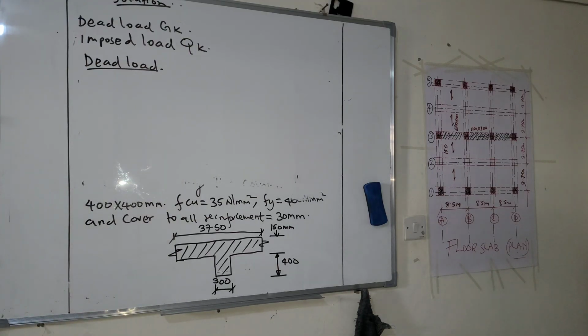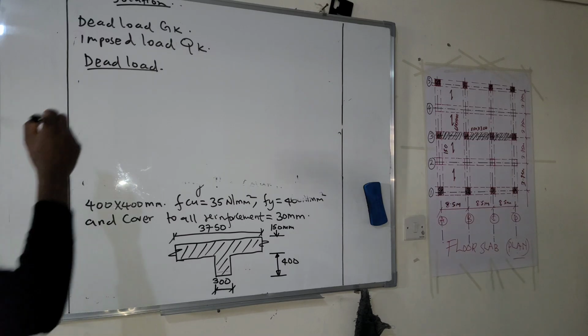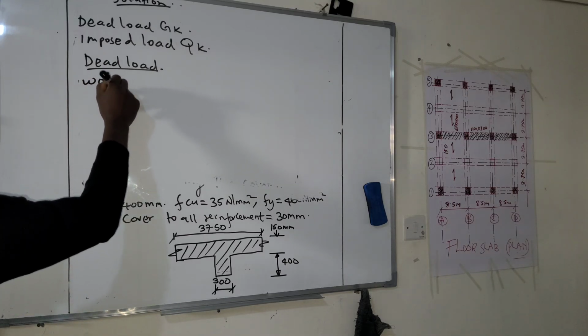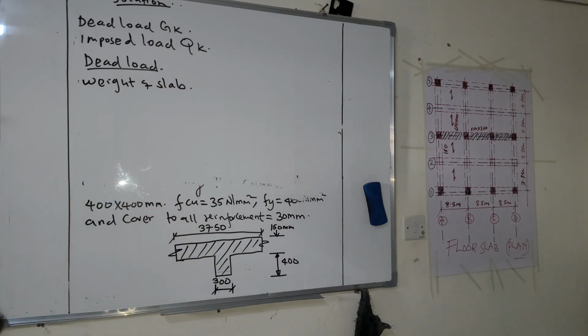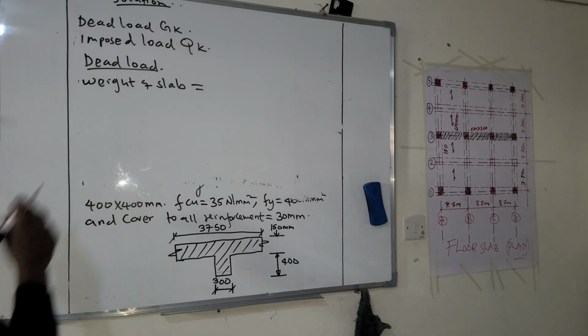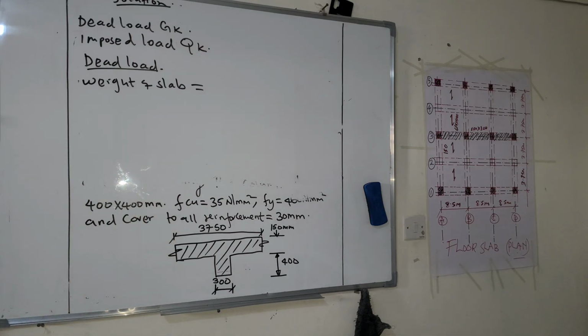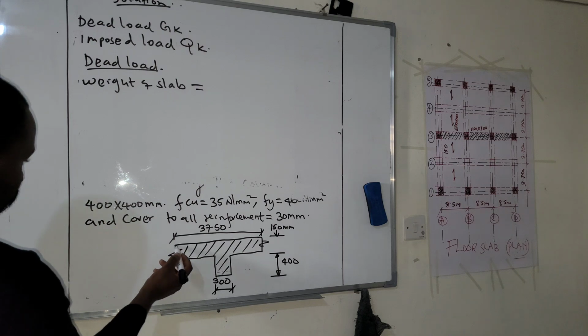So the dead load will be the weight of slab, which is given by the area of the cross section times the density or the unit weight of the concrete. So we will assume a unit weight of concrete to be 24.